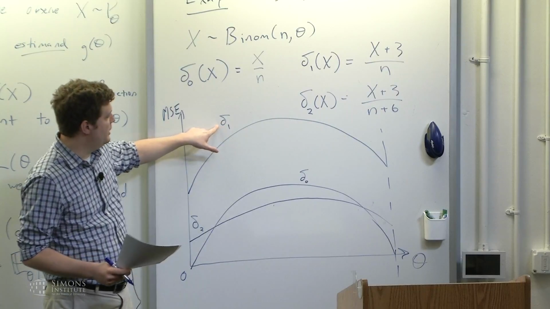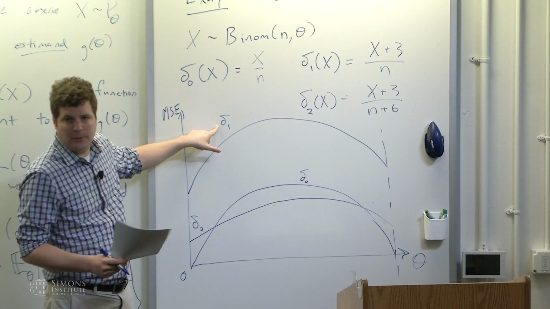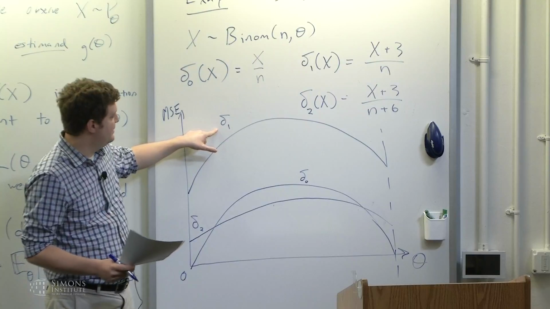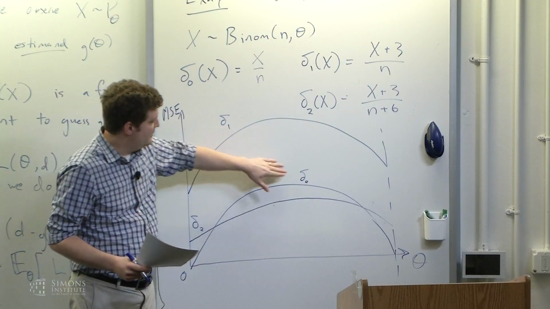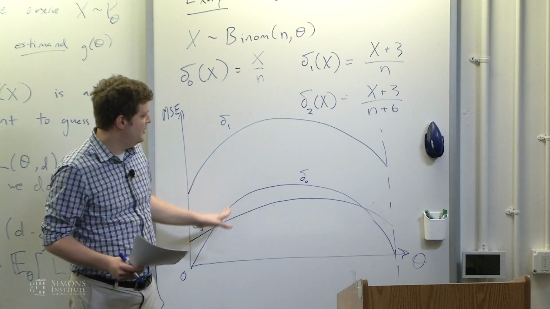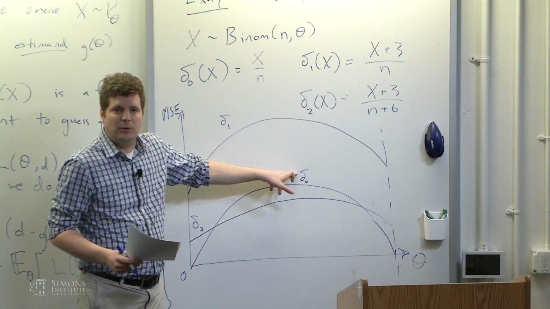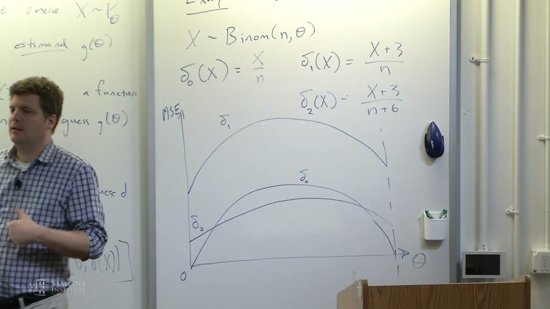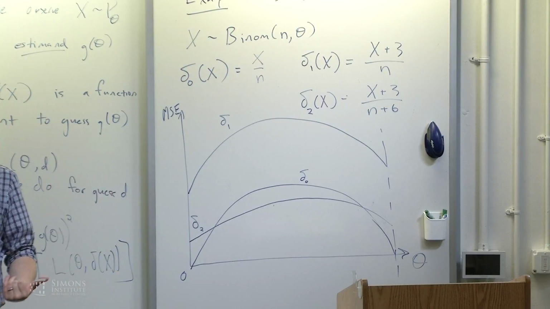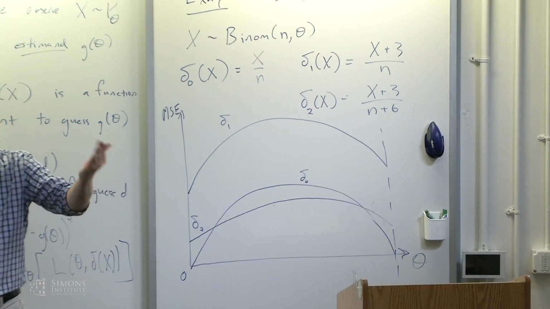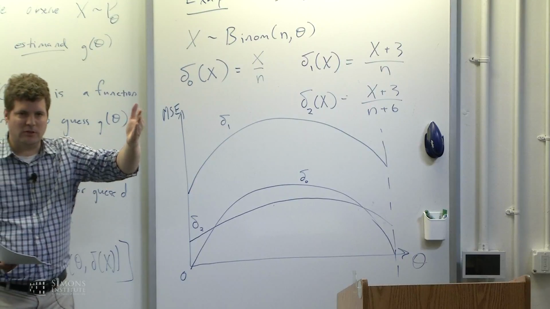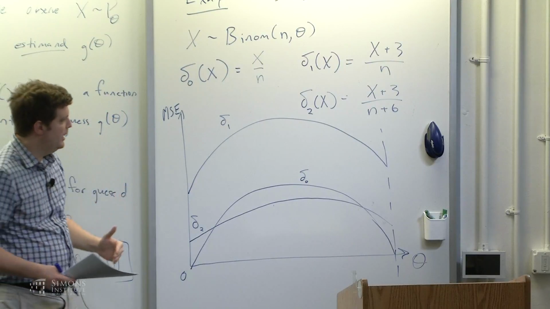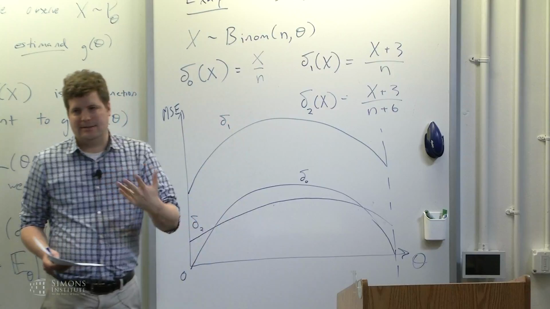So we say delta 1 is inadmissible, in the sense that there exists another estimator we could have chosen whose risk function dominates it. Dominates means that the risk function is always at least as low, and strictly lower at some point.